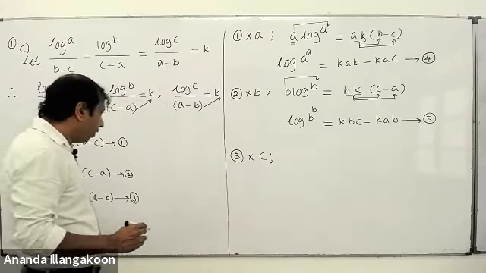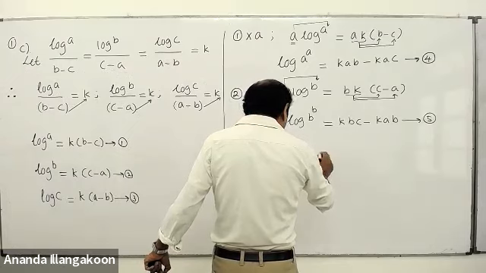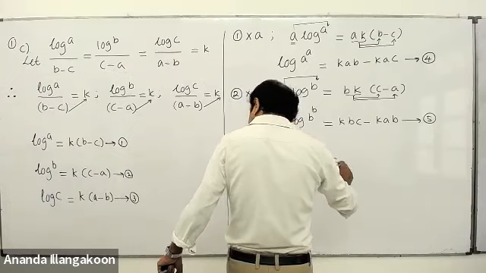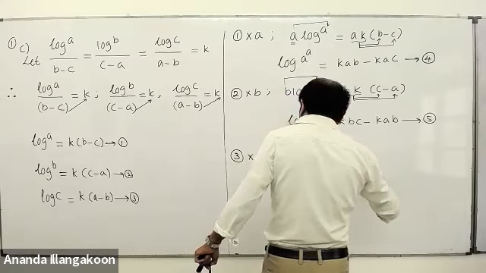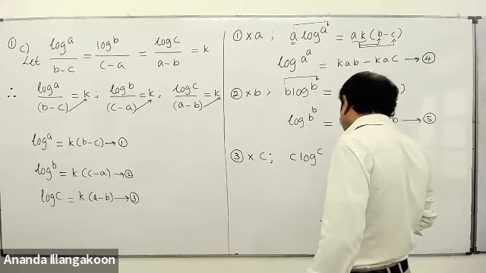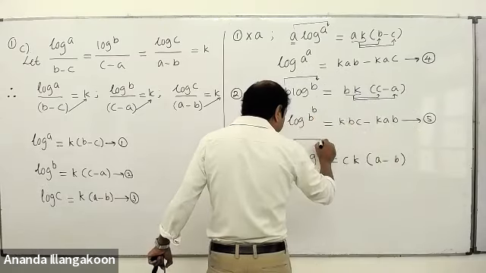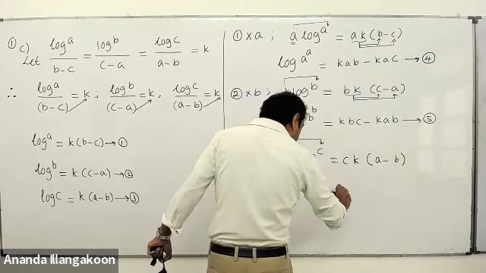Right. Now number 3. Both sides multiplied by c. c times log c equals ck within brackets (a minus c). Now we can bring this c here: log c to the power c.